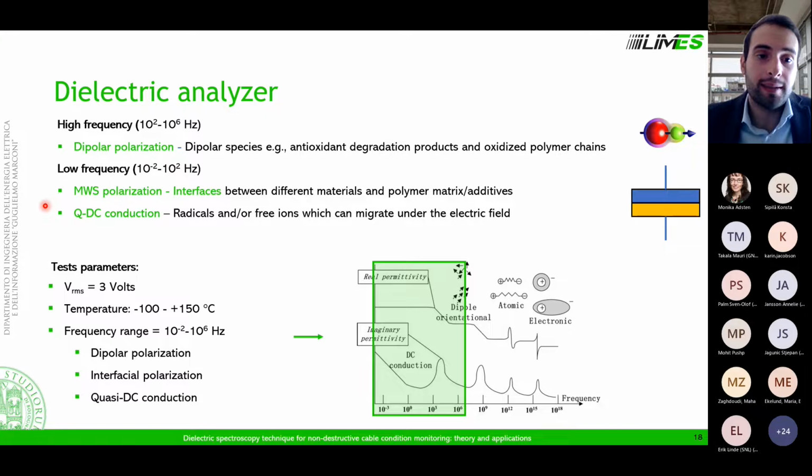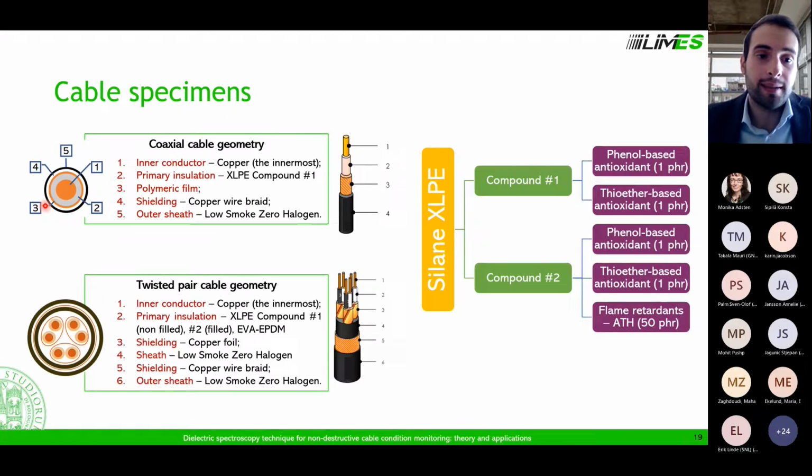These are the cable specimens that we have been using in the Team Cables project that was already presented by Jukka yesterday. In this project, we have two different cable structures: a coaxial cable geometry and a twisted pair cable geometry, with two different polymeric compounds based on the same cross-linked polyethylene, a silane-based cross-linked polyethylene.